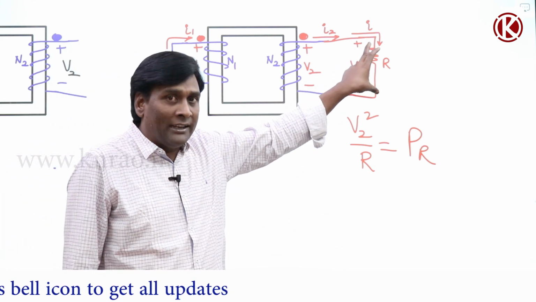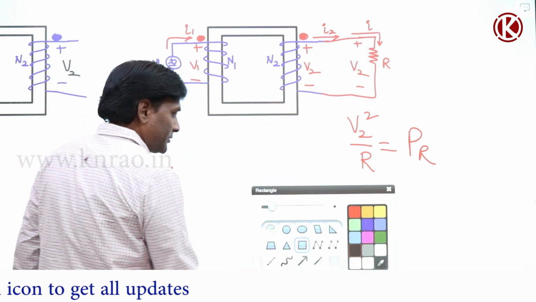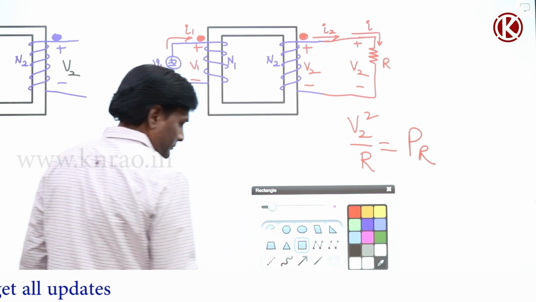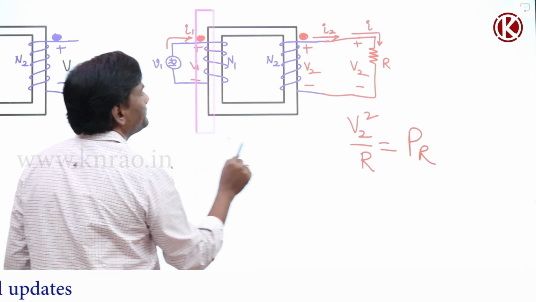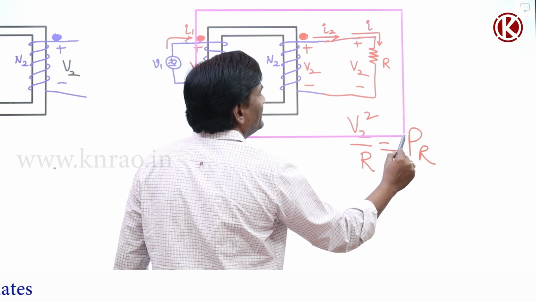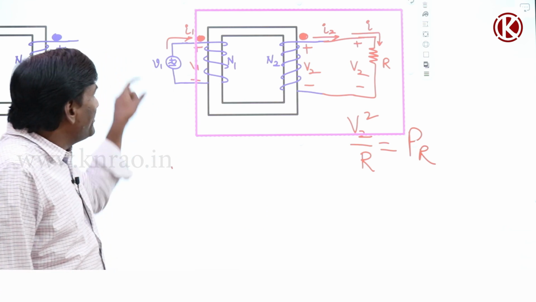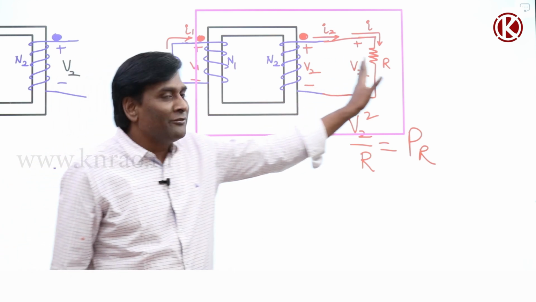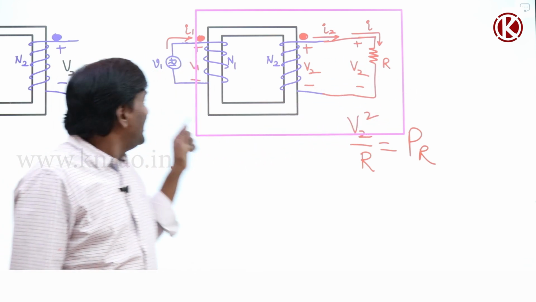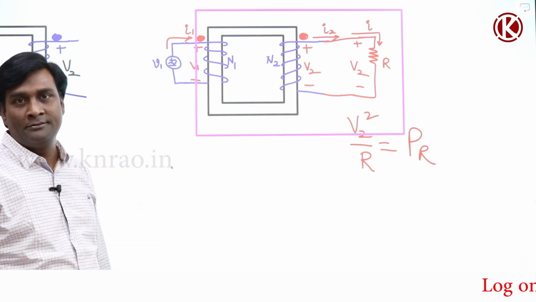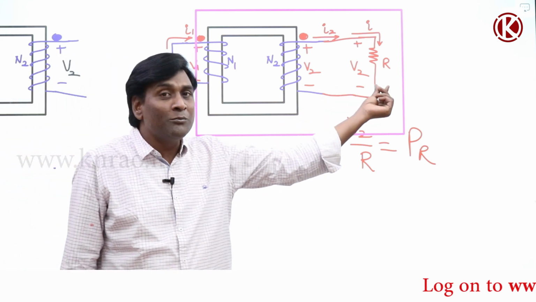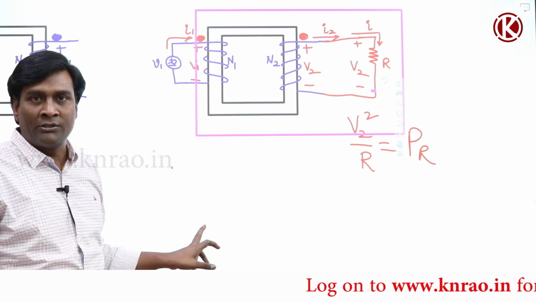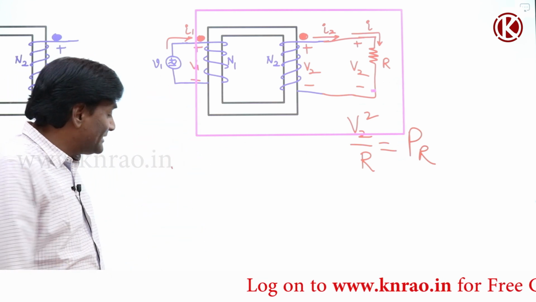Now if I feel, for example, this is a black box, from here to here is a black box, and I am sitting at the source side. Somewhere some power is being absorbed, meaning that same power it has to deliver. Otherwise, how can it absorb power? It is absorbing power, meaning that it has to deliver that power. So how much power is it delivering?